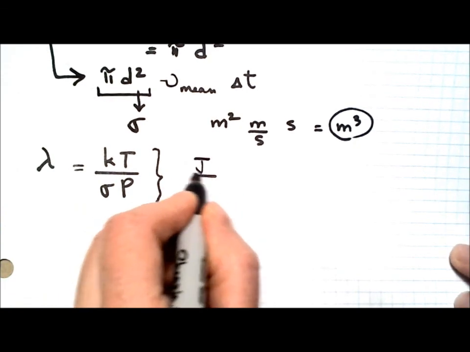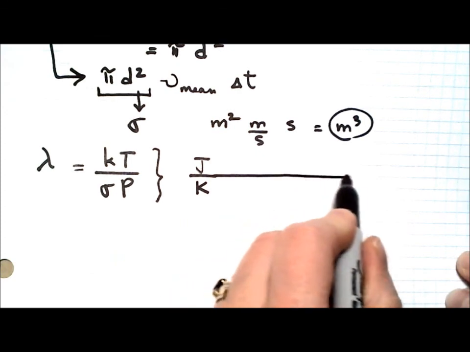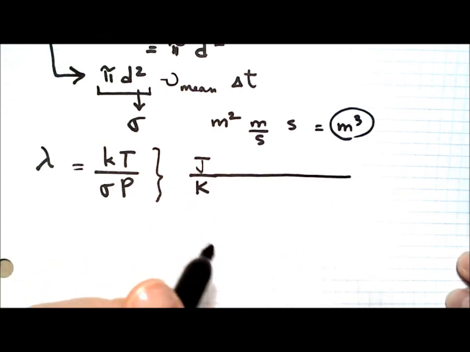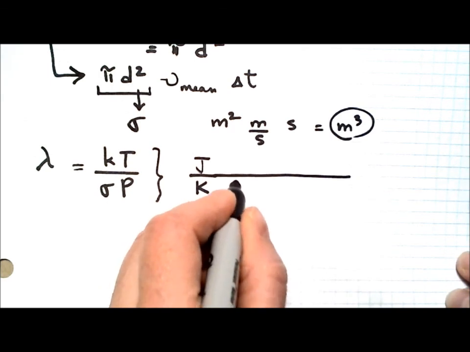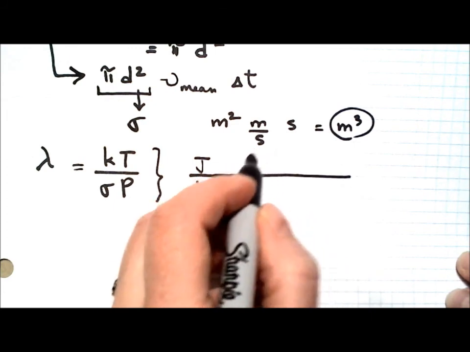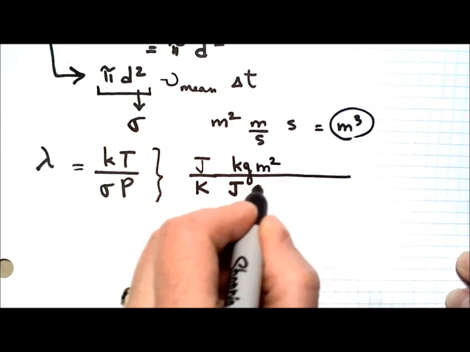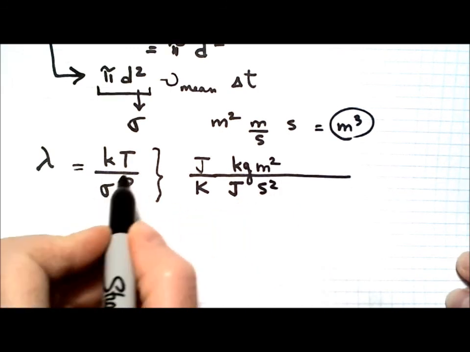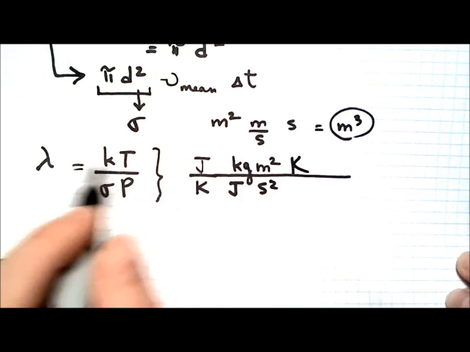I know that I'll have to convert my joule unit to its component SI units. So I know that a joule is a kilogram meters squared per second squared. And then that's all multiplied by temperature, which would be in Kelvin.